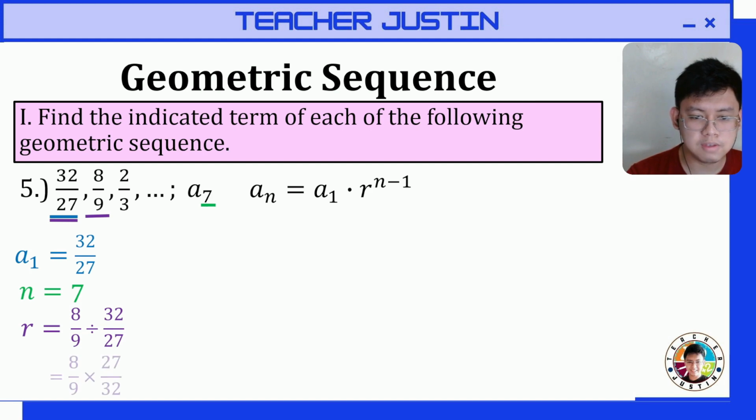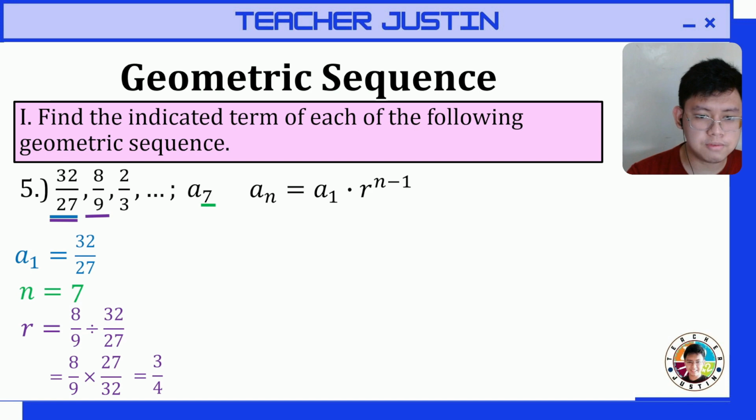So, copy the dividend and then change the operation to multiplication, and then we get the reciprocal of 32 over 27, which is 27 over 32. Now, let's multiply it using numerator by numerator, denominator by denominator. That will give us a product of 3 over 4 when we simplify it. So, this will be our common ratio.